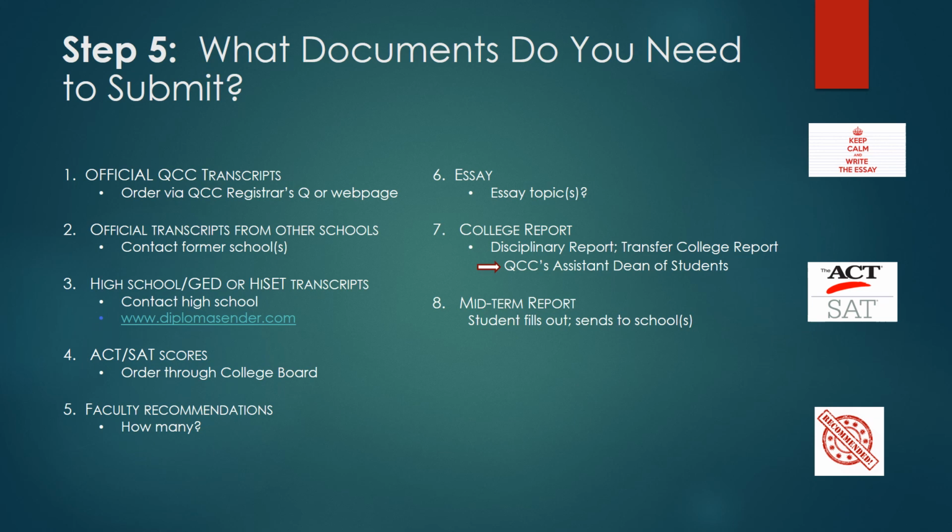College report. This also might be called a disciplinary report or a transfer college report. Give this form to QCC's Assistant Dean of Students. Schools may also ask for a midterm report. This is a form that the student will fill out and then make copies to send to each school.